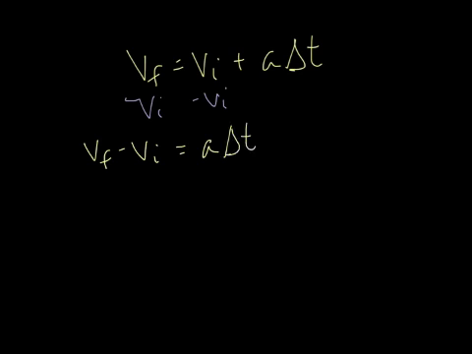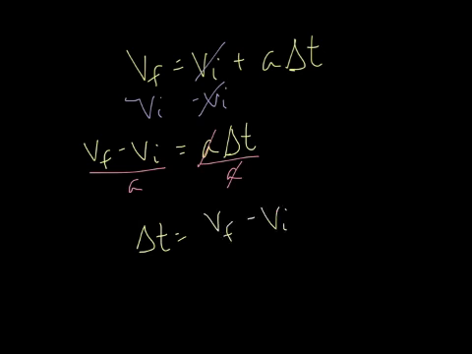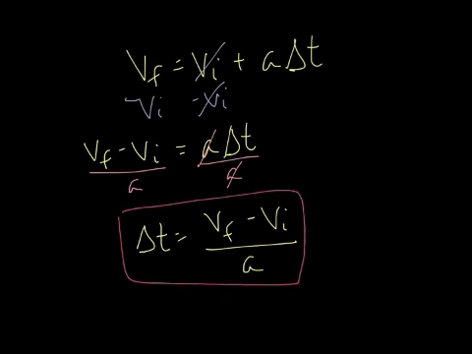Then it will cancel out on the right, and we are left with v final minus v initial equals a delta t. Now to get the t by itself, we need to divide both sides by a. The a's cancel on the right hand side, and we have the formula delta t is equal to (v final minus v initial) over a. We will now substitute this equation into the second kinematics equation.